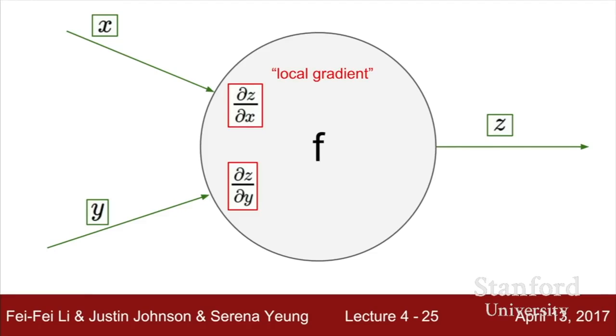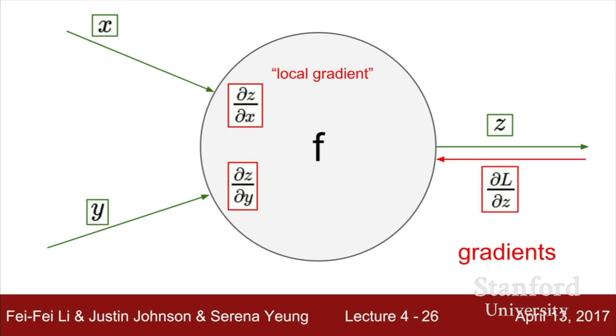Right, so we said that each node gets its local inputs coming in and the output that it sees directly passing on to the next node. And then we also have these local gradients that we computed, the gradient of the immediate output of the node with respect to the inputs coming in. So what happens during backprop is we start from the back of the graph and work our way from the end all the way back to the beginning.